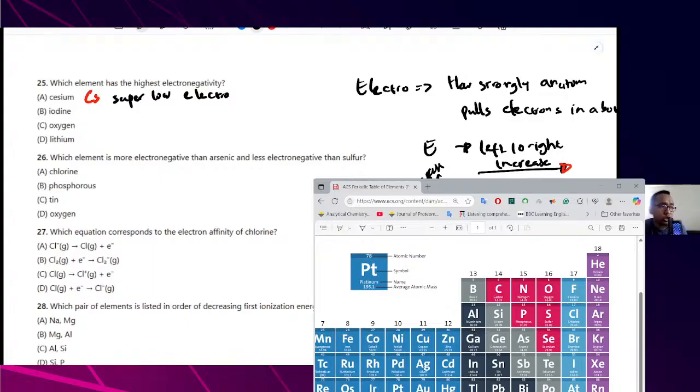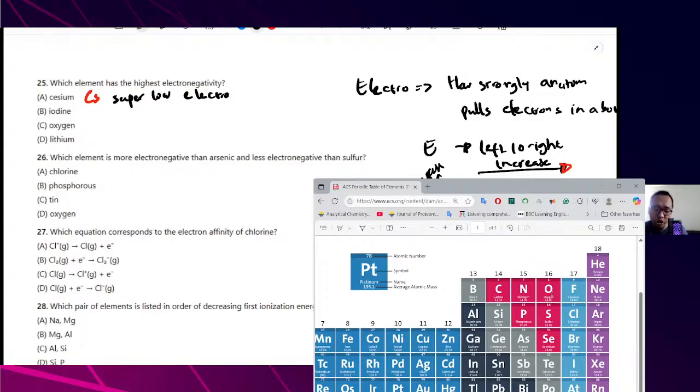How about oxygen? Oxygen is really close to the top right. As you can see, we need to go up and then go right, and which one is close to fluorine?